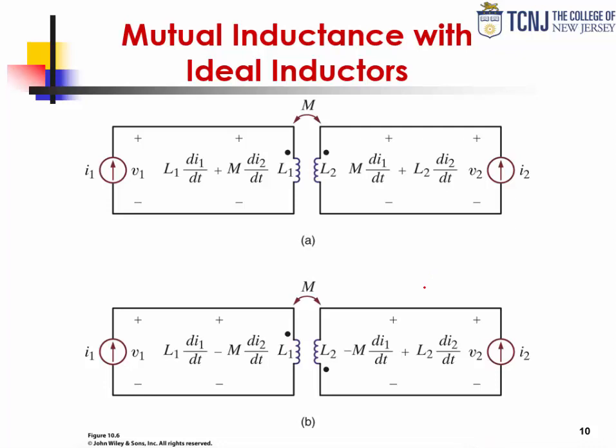We also denote a difference in winding direction by putting a dot on one side and putting another dot on the opposite side, but down in the lower side of the winding. So in this case, we have that the windings have a direction such that the polarities on each side, primary and secondary, are the same, and we have positive signs in front of the mutual inductance terms.